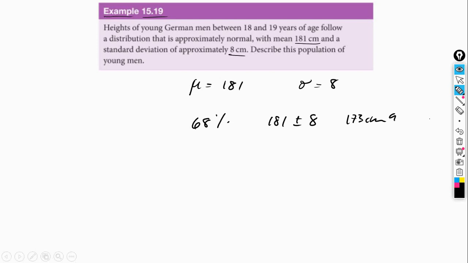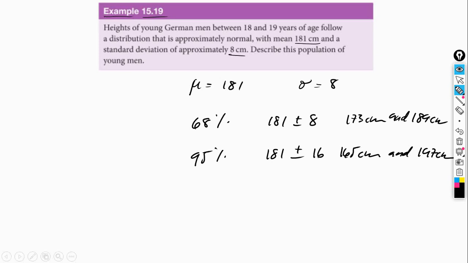and 189 centimeters. We would also know that 95% would be between 181 plus or minus 2 standard deviations, which would be 16. So that means that 95% of those young men would be between 165 centimeters and 197 centimeters.